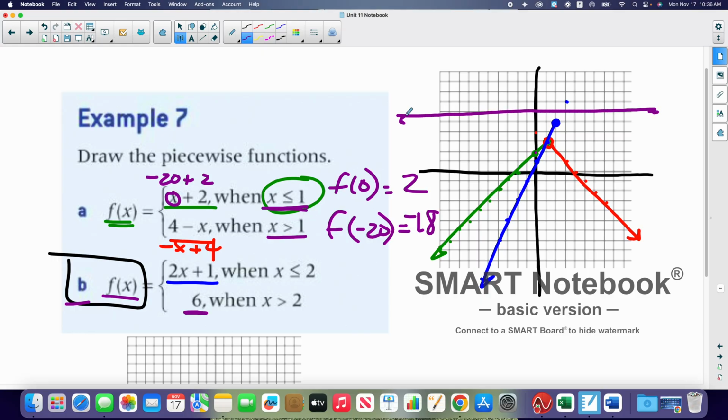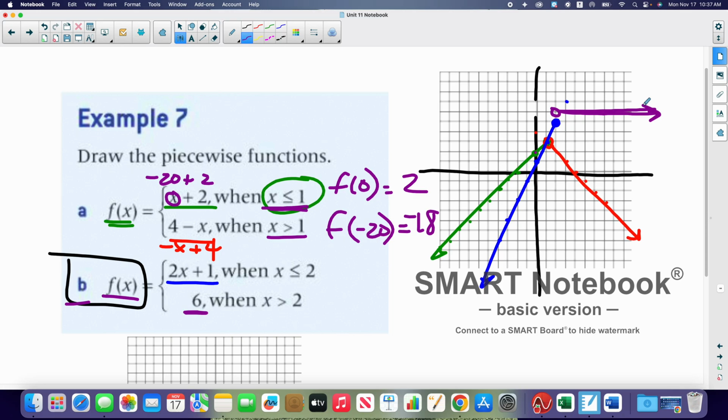Now, I don't want that entire line. Only want which part? Where x is greater than 2. So I don't want this part. And then technically, right here at 2, it would be an open circle.